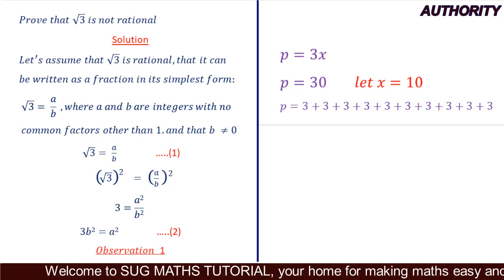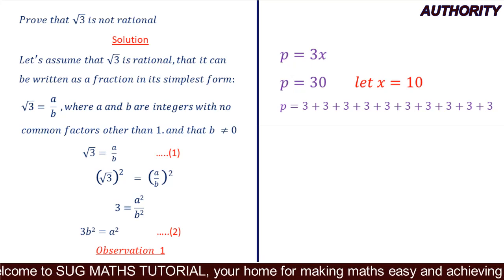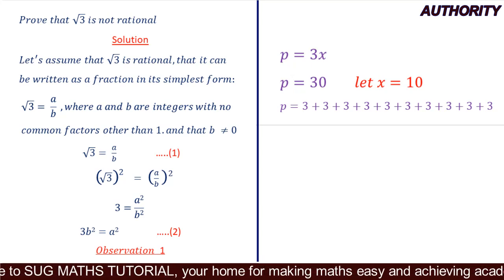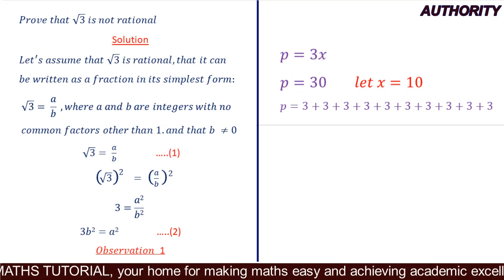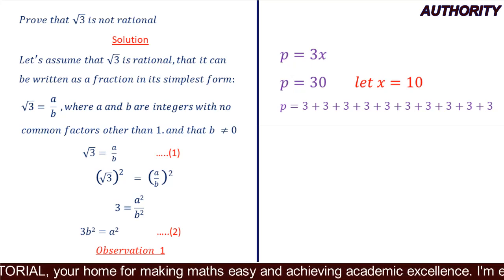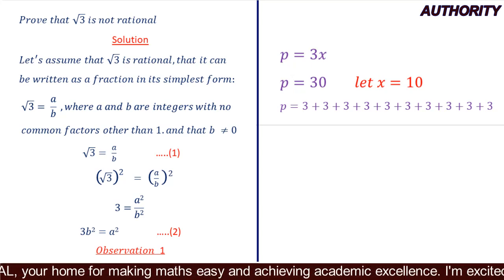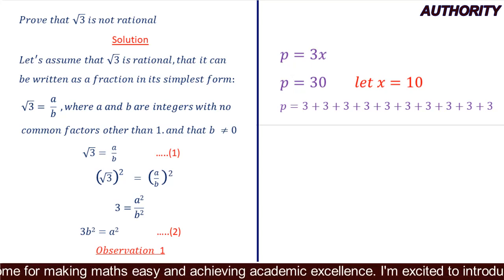Are we together? So now when you have something like p is equal to 3x, you can see that p is a multiple of 3, or you can say that p can be divided by 3, or you say that p is divisible by 3.